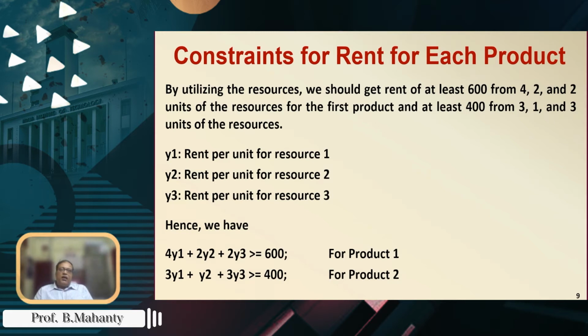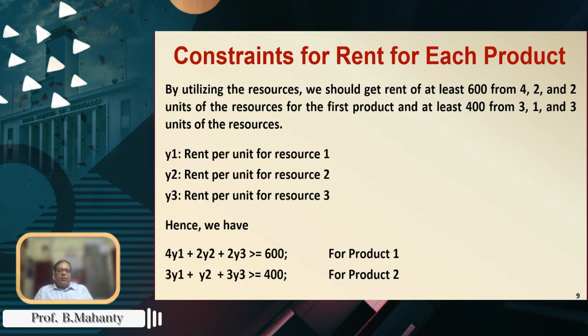Then instead of maximizing, we should minimize. See, the original problem was maximizing profit given certain resource constraints. Now we are giving those resources on rent, and we are ensuring through the constraints that at least that much profit is there.